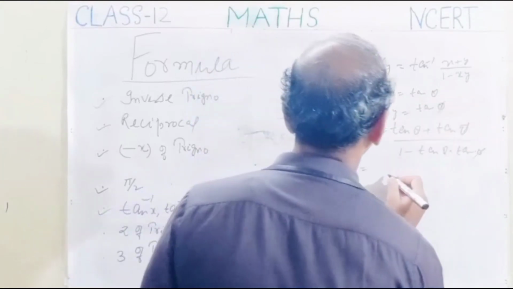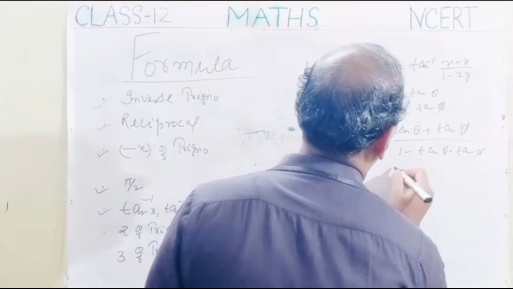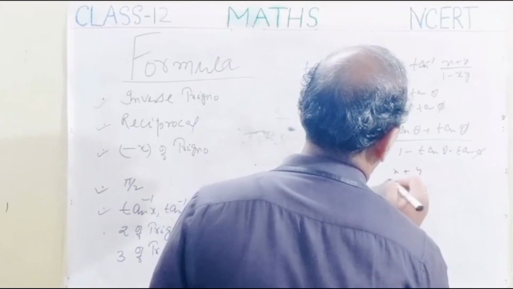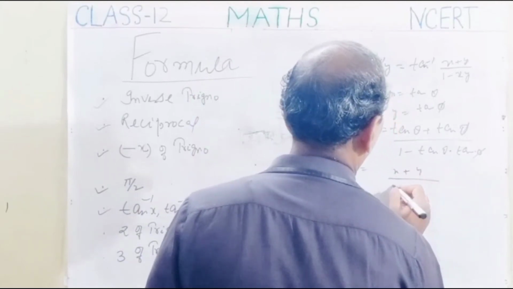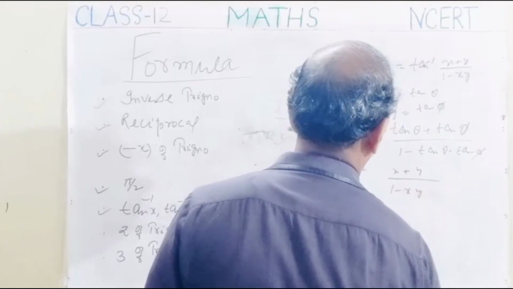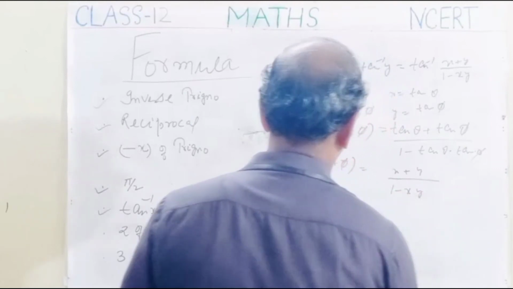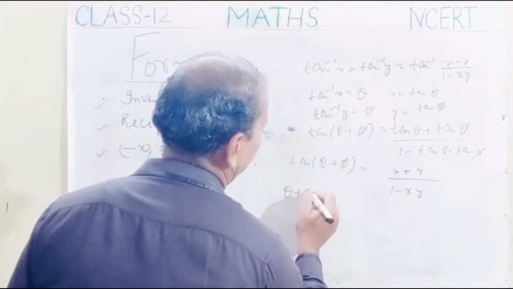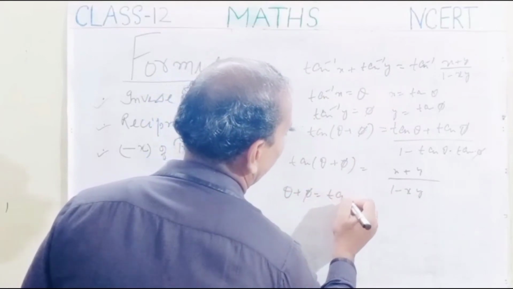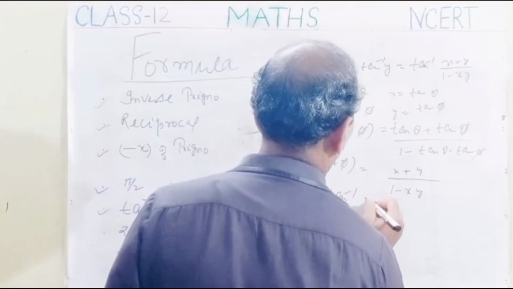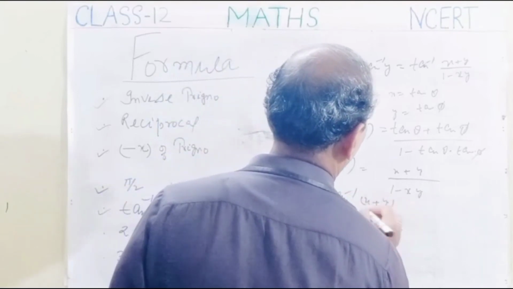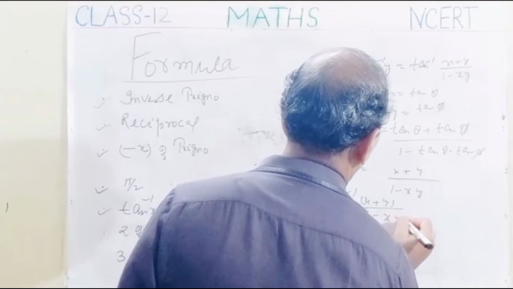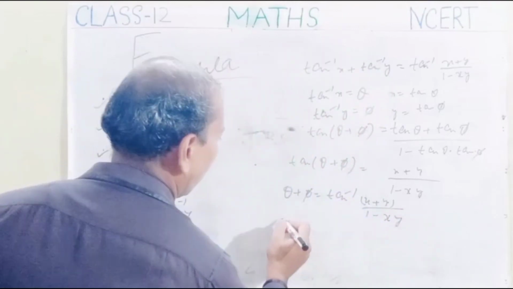If you put the values, you will get x plus y divided by 1 minus xy. So theta plus phi is equal to tan inverse of x plus y divided by 1 minus xy.